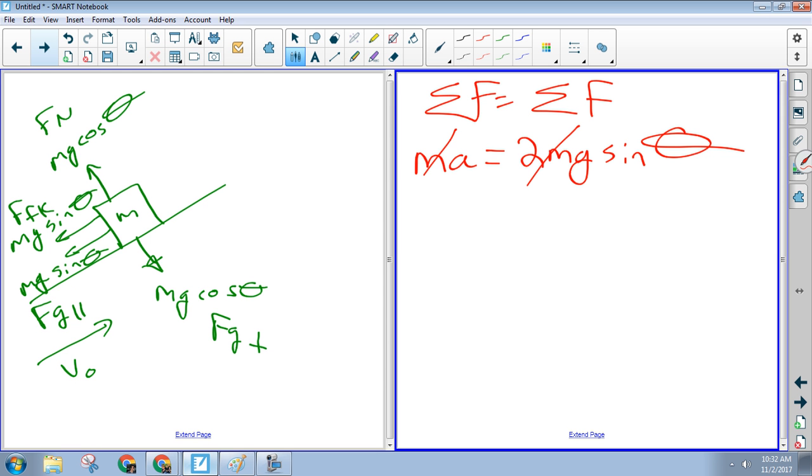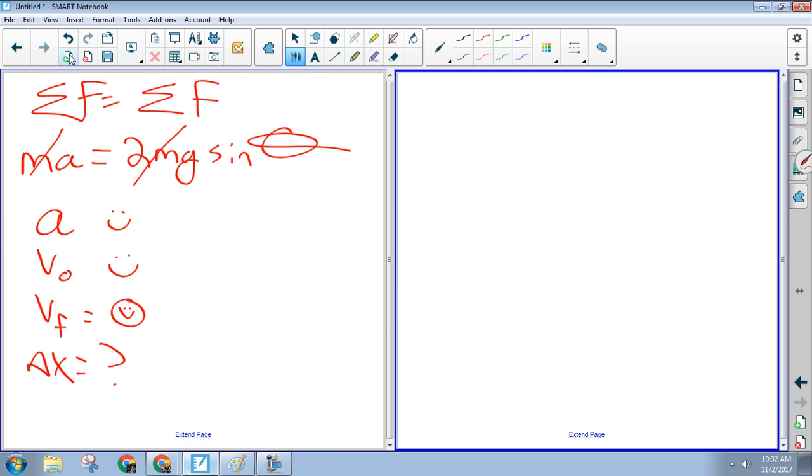And the question wants to know how far up the ramp it gets. So let's make a list of the things we know. We know a. We know v naught. What's vf? 0. And we're looking for displacement. So I'm looking at 2a delta x equals vf squared minus vi squared.